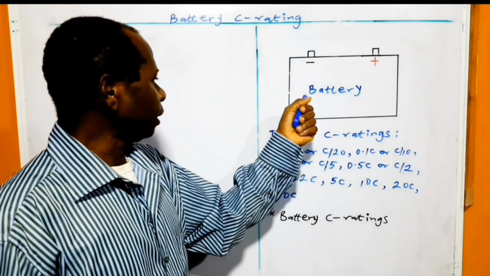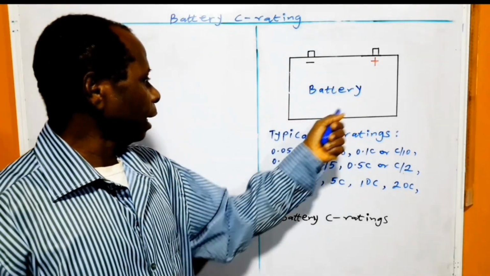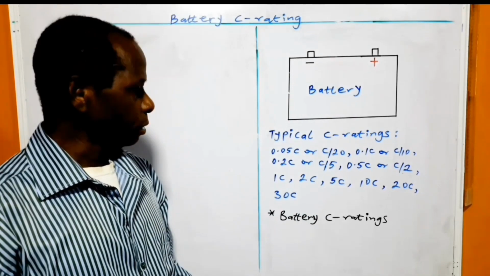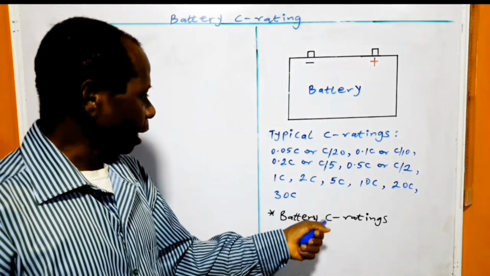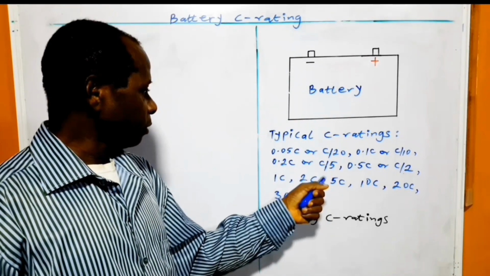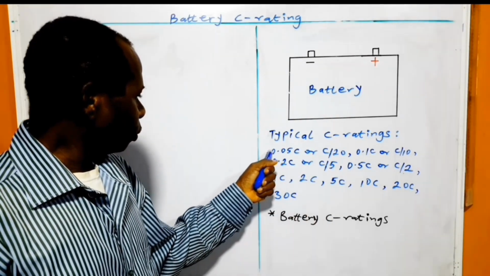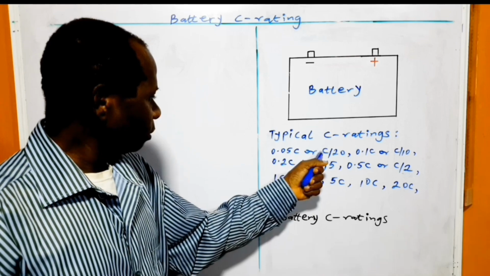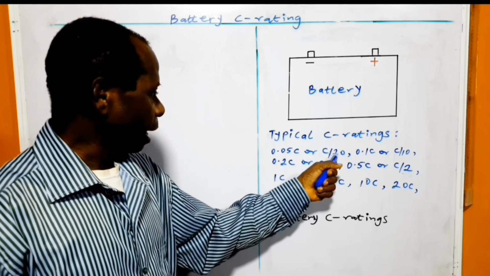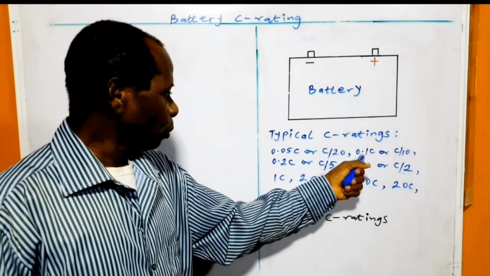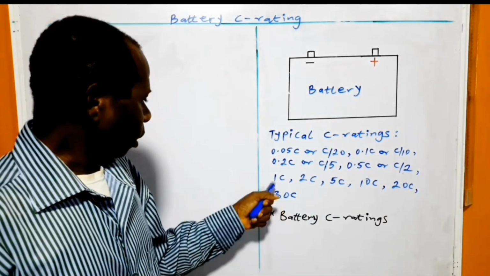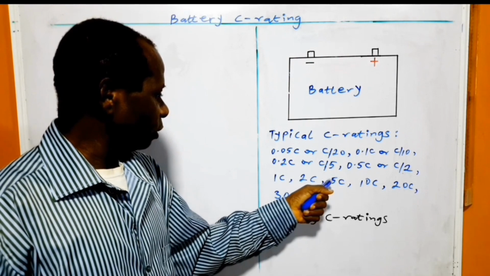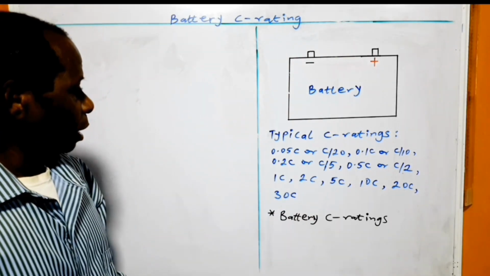You must have been hearing about batteries and their C ratings. For instance, this is a particular battery and these are typical battery C ratings: 0.05C or C/20, 0.1C or C/10, or 1C, 2C, 5C, and so on.